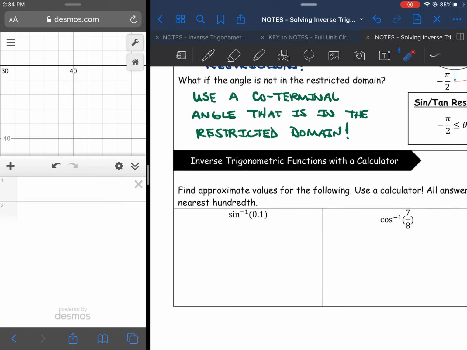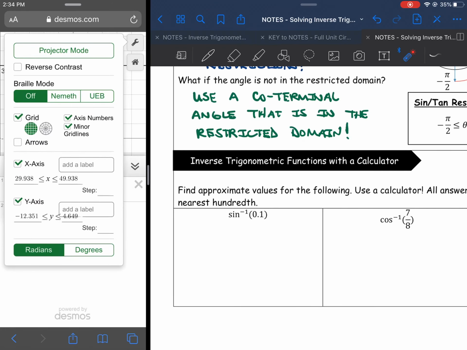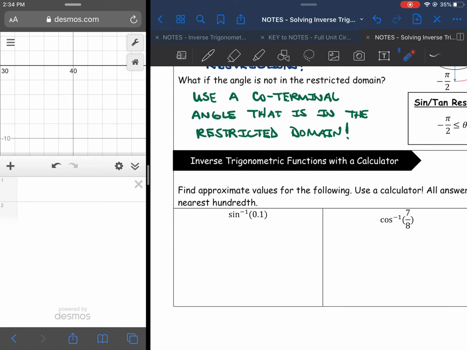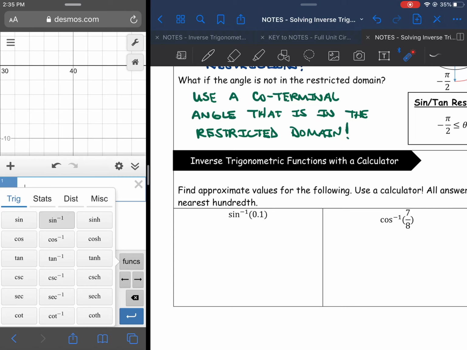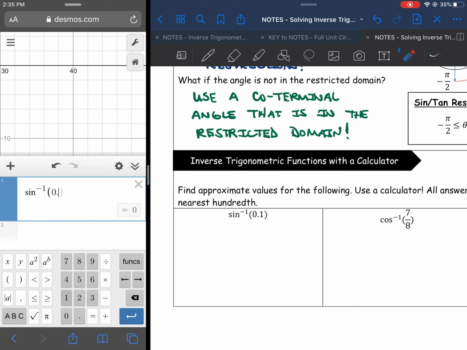For all of these problems, we're going to be using radians. And honestly, unless you see a degree symbol or unless you are told to answer in terms of degrees, we are always going to use radians. So on Desmos, I'm just going to check real quick that I'm in radians, and I can see that radians is highlighted. So we're good there.